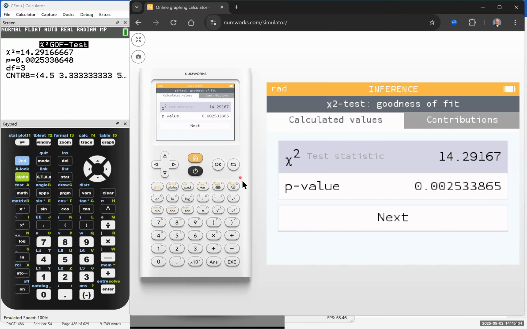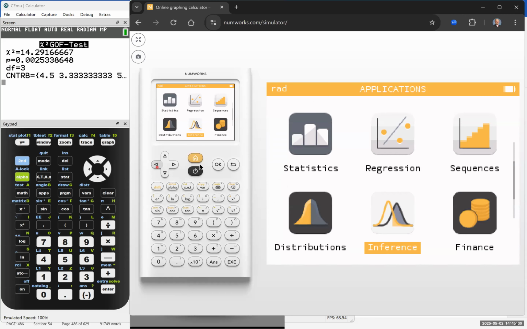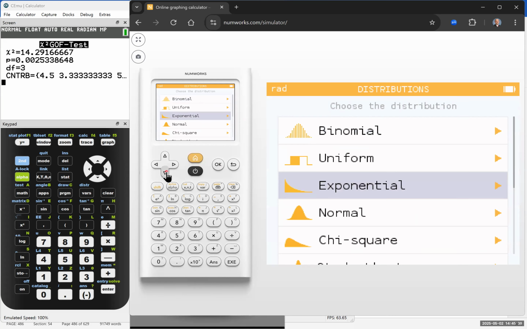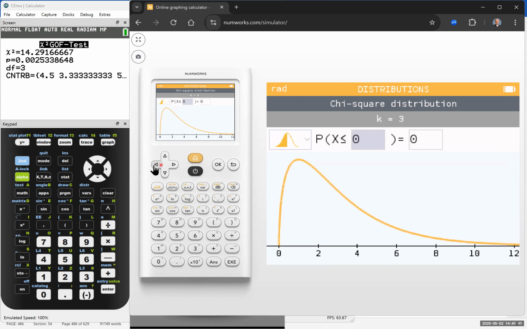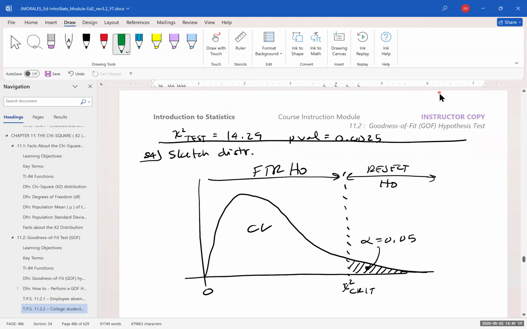Okay, NumWorks. Let's go to the distribution app. Chi-squared, 3 degrees of freedom. Area to the right, an area of 0.05. 7.81. All right.